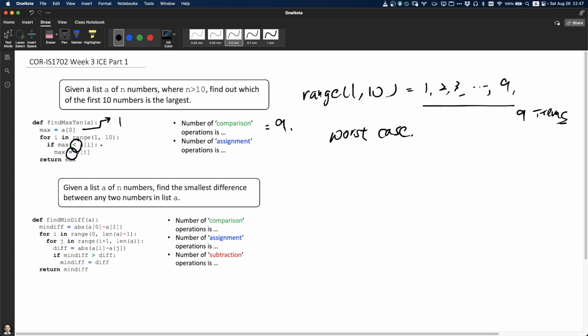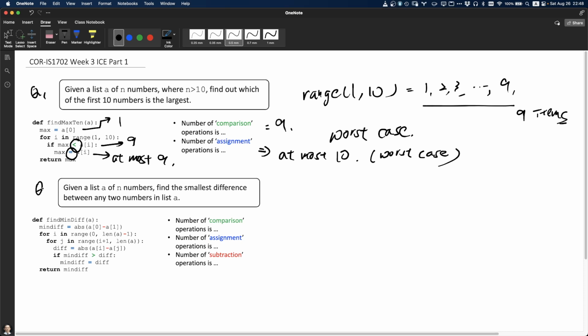Because the condition is evaluated 9 times, this assignment, in the worst case, happens at most 9 times. So you have 9 plus 1, so in total, the number of assignments is at most 10 times. Or you can simply say that this is the worst case scenario. Okay, so I think this is question number 1.